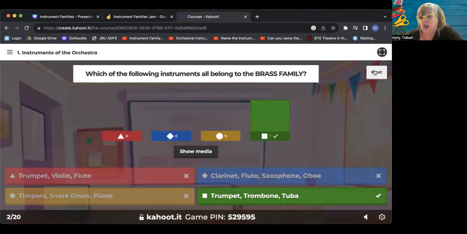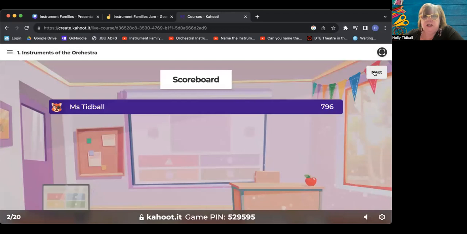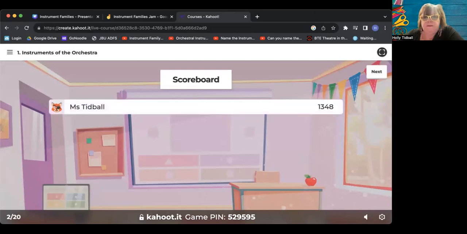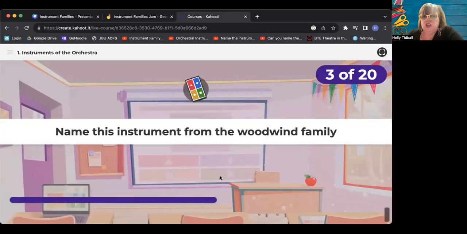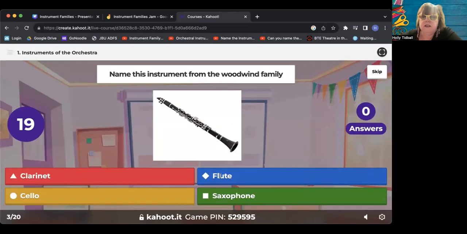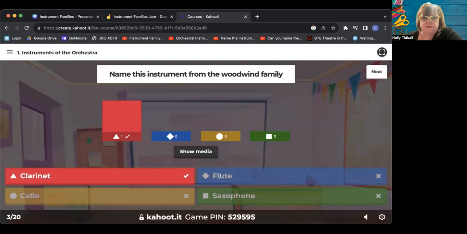Ooh, that one was kind of hard. You had to think hard about that one. Okay, I'm going to let you do this one on your own. Name this instrument from the woodwind family. Good job.